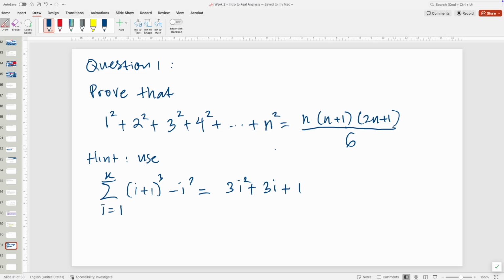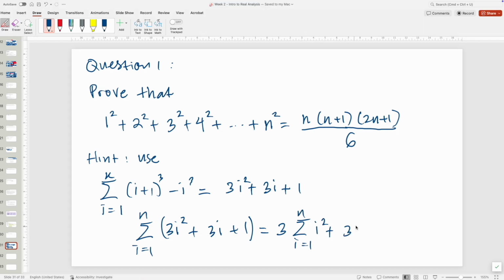And use the hint: use the collapsing sum, sigma i from 1 until k, of i plus 1 cubic minus i cubic.